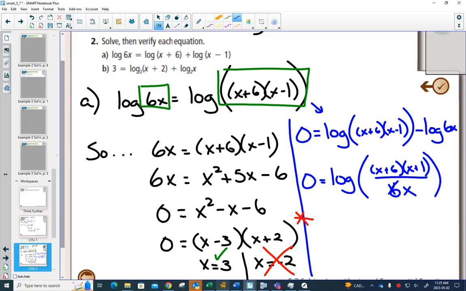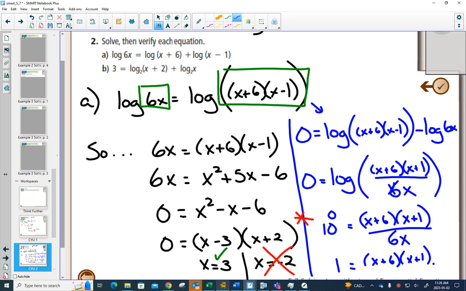My base is 10. My exponent is 0 equals x plus 6, x minus 1 over 6x. 10 to the 0, of course, is equal to 1. And we're left with a rational equation, which you solved in grade 11. X minus 1, thank you. Change that to minus and minus.